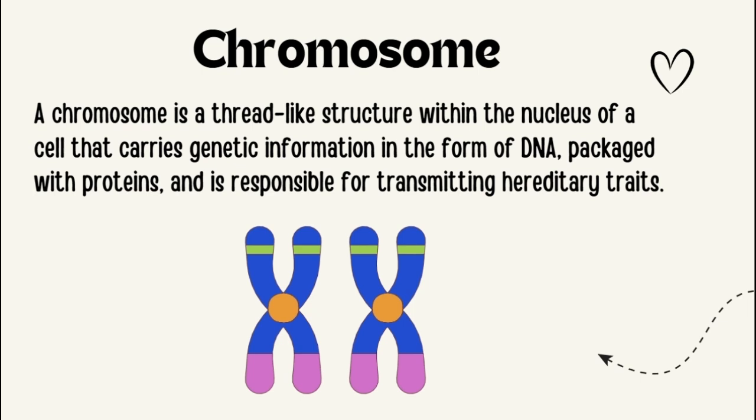But just to get an idea of what the structure is like, it's a thread-like structure, right? This representation is when they are condensed. When they are decondensed, it makes them a lot harder for us to see.